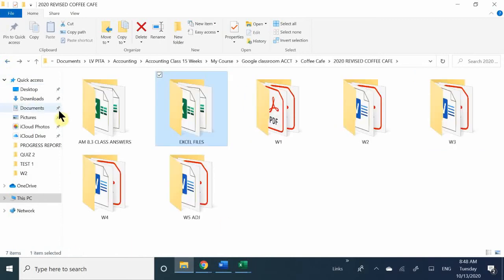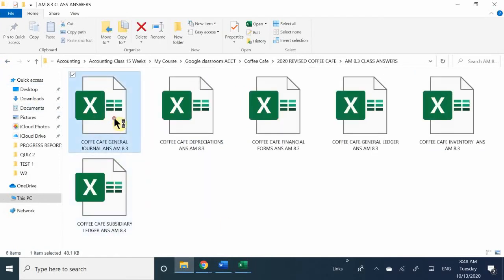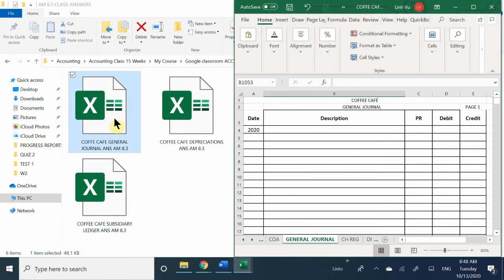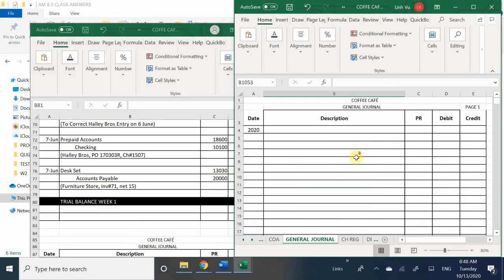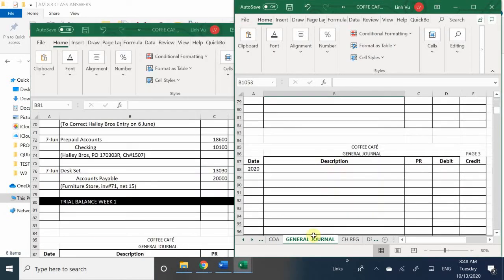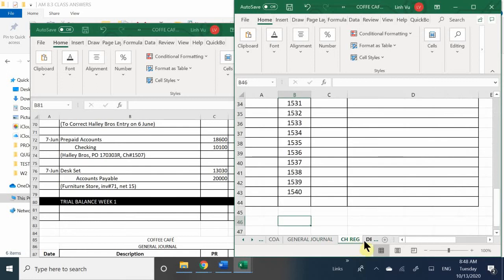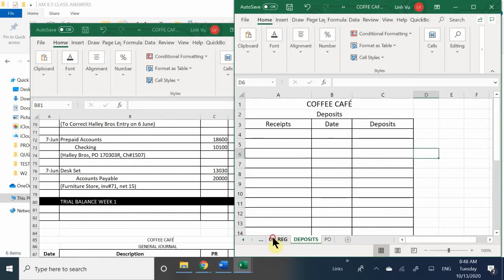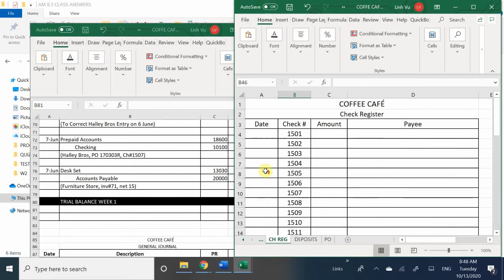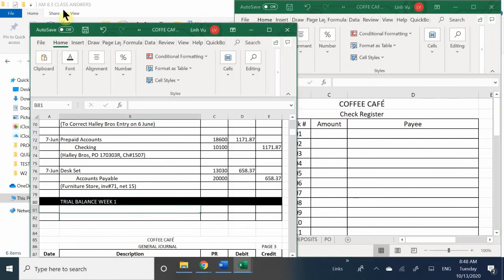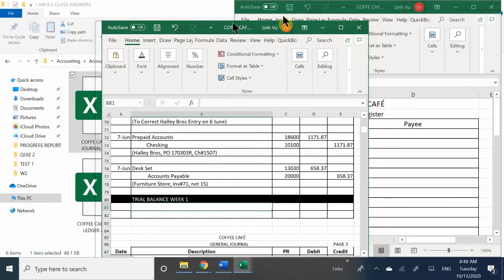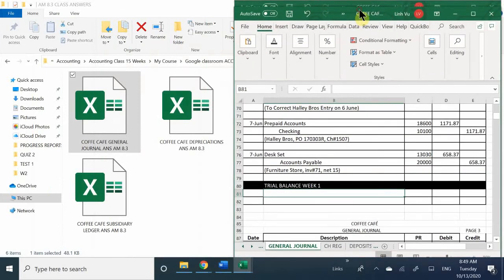I should be in answers. That's so strange, all my answers are gone. Did I save them somewhere else? Okay, here it is. Here's the general workbook I'm looking for, right here.